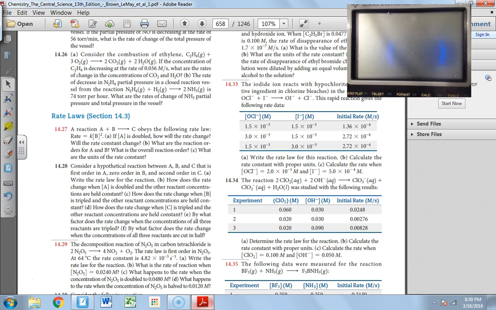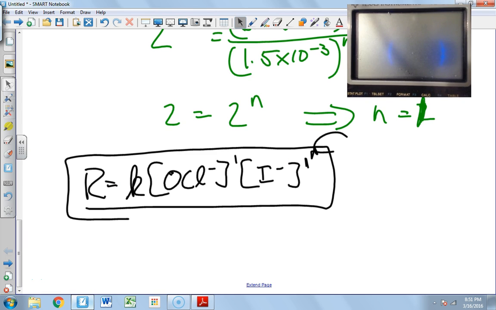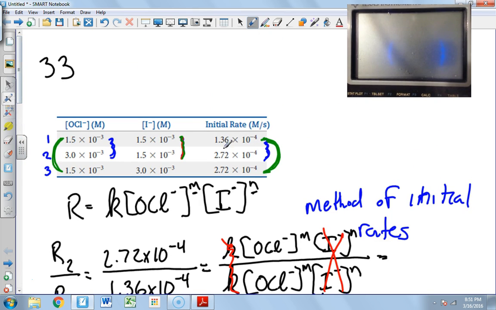Okay, now what's the second part? The second part is to calculate the rate constant, using proper units and including proper units. So now that we have this rate law, we can substitute in any of these values, either experiment 1, experiment 2, or experiment 3, as long as we use the same experiment for the rate and the concentrations.